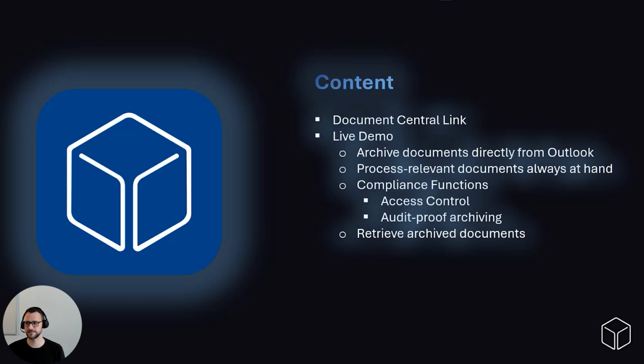We will have a look at compliance functionalities like access control to restrict certain sensitive documents, for example, for some user groups, and also how you can achieve audit-proof archiving for documents. And then we will also have a look at how you can retrieve archived documents from the system.